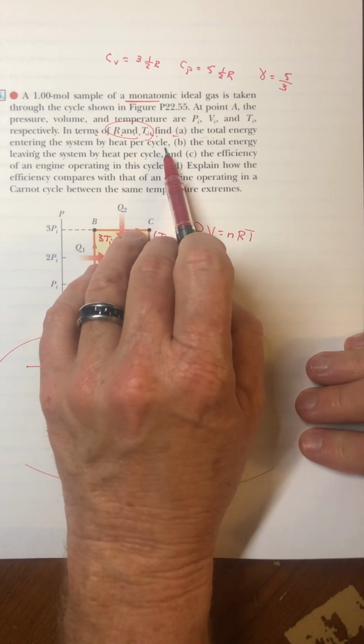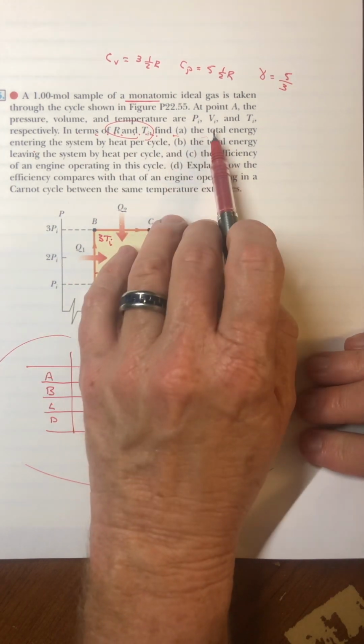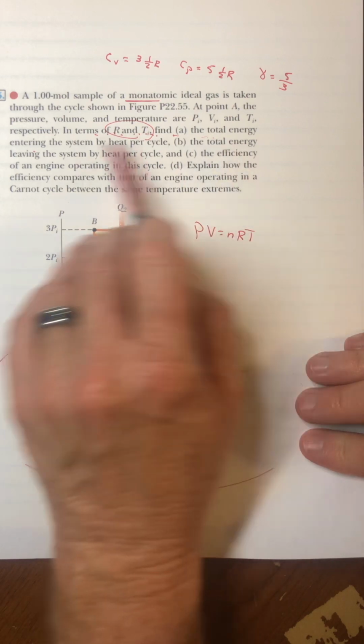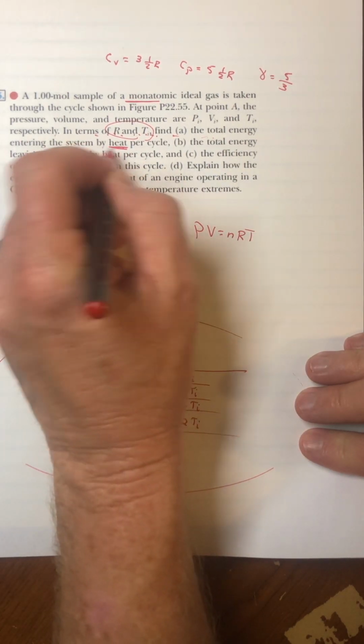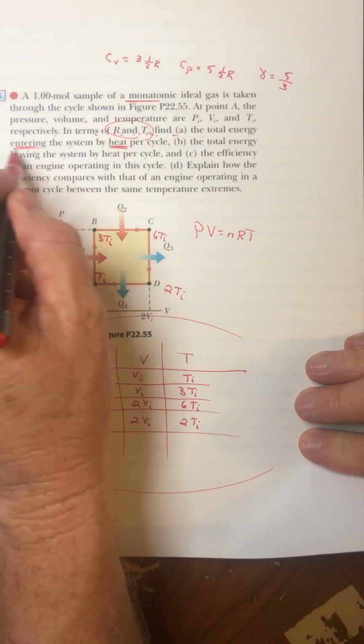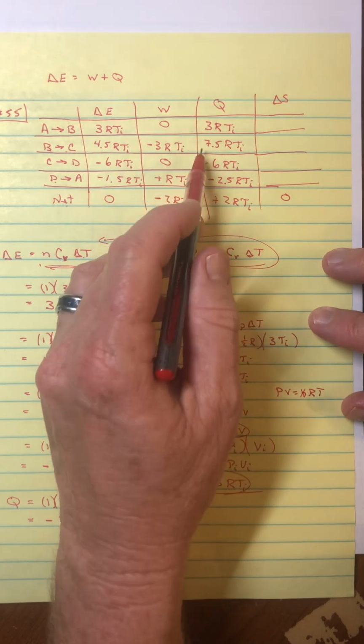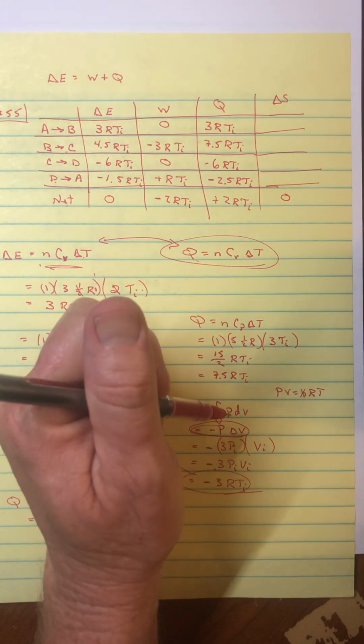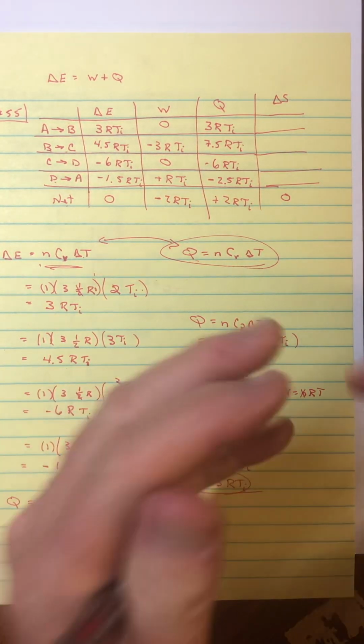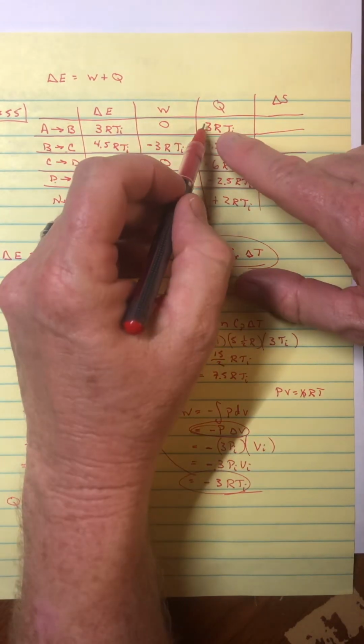Now I really haven't done that quite yet. This is just the total energy entering by heat. So that's the Q, but they've limited it to the entering. See, my net Q right here is both what enters and exits. So just the entering part is the positive ones.